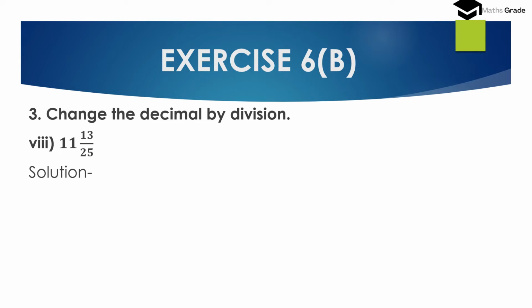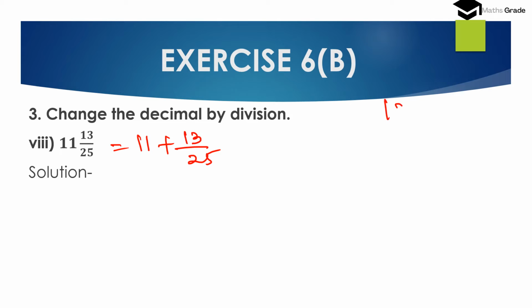Now question number 8th bit, 11 13 divided by 25. We can write 11 plus 13 divided by 25. Now we have to convert this 13 divided by 25 into decimal.